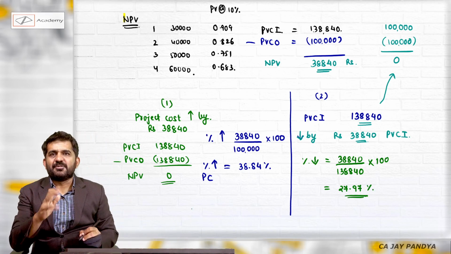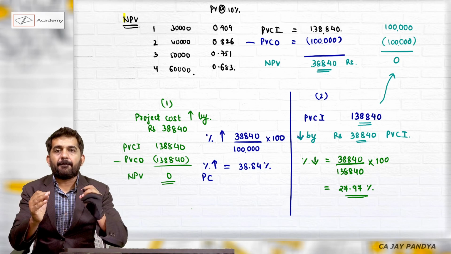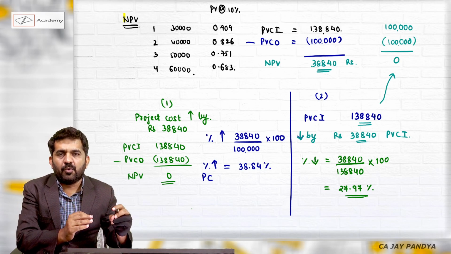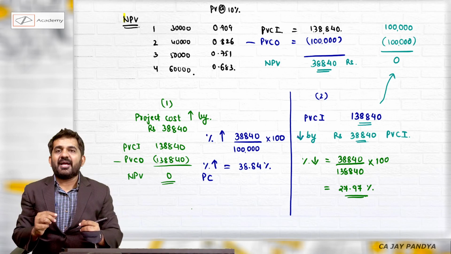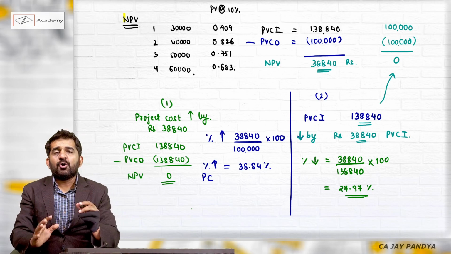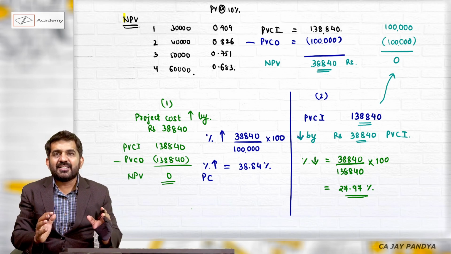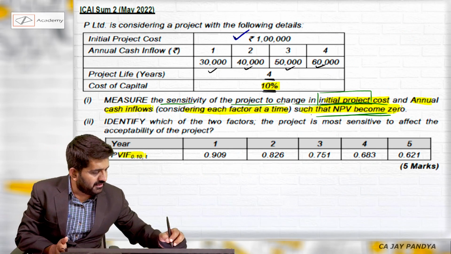See, what does this mean? If the cash flow, or in other words, present value of cash inflow decreases by 27.9% only, then also my NPV will become 0. This is what they ask us.